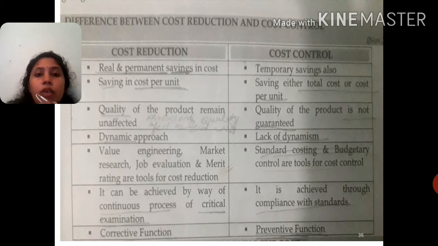I said already how we will calculate cost per unit: total cost divided by total quantity of production. Then we will get cost per unit. So in case of cost control, we can calculate either in total cost or cost per unit. Clear? We can move to the third difference.